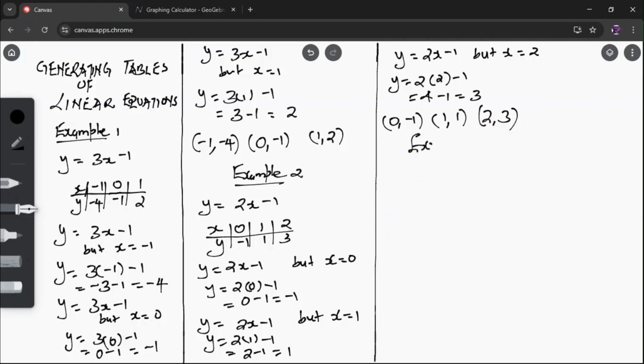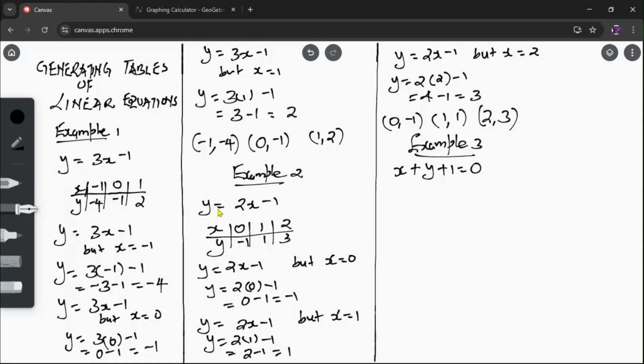Lastly, we have example 3. Example 3 reads, x plus y plus 1 is equals to 0. Now, unlike this one, here our work has been made easier because we have y on one side.